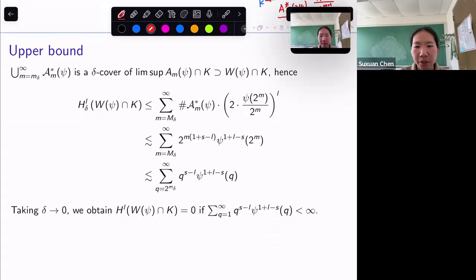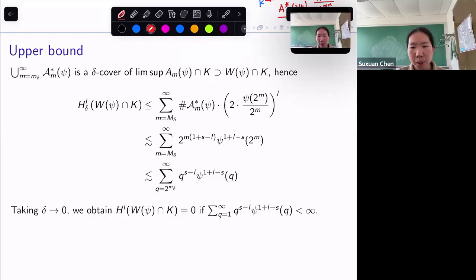And then furthermore, this one can be reduced to the sum over q from 2 to the m_δ to infinity, q to the power s minus l times ψ(q) to the power 1 plus l minus s. So now we take delta to go to 0, then for the right-hand side, we want to figure out if it converges or diverges.